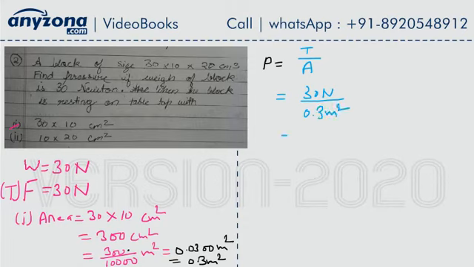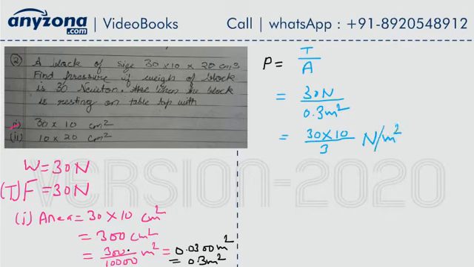Okay, when you remove the decimal from the denominator, and if there is 1 digit after the decimal, then the format of this fraction will be like this. So 30 times 10. Why have I written 10 here? Because I just removed the decimal from the denominator. So 30 times 10 upon 3 Newton per meter square.